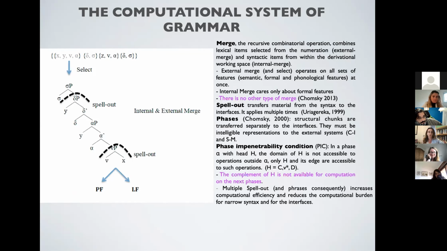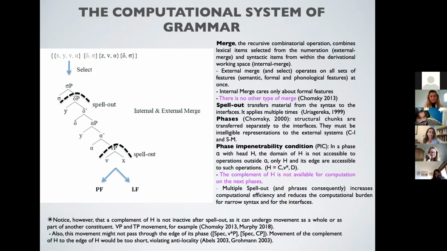So the material within that complement is out of reach, and we cannot do operations with it anymore. So the complement of a phase head is not available for computations on the next phase. Spell-out and phase consequently increase computational efficiency and reduce the computational burden for narrow syntax and for the interfaces because it's more dynamic.